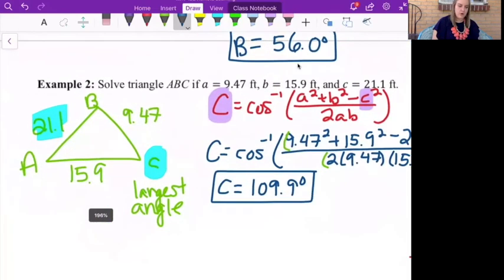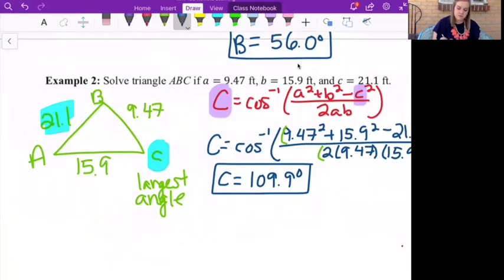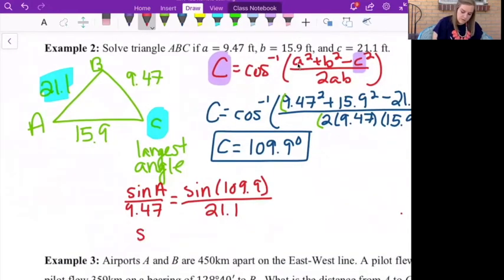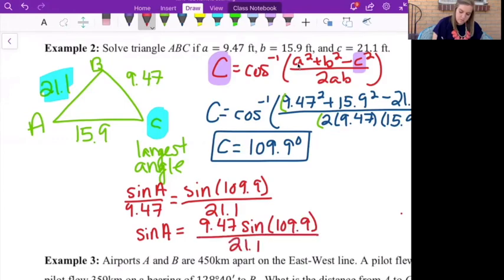And then it doesn't really matter which angle we do next. So I'm just going to do angle A. So if I do sine of A over 9.47 equals sine of 109.9 over 21.1, then we get that sine of A is equal to 9.47 times the sine of 109.9 all over 21.1.